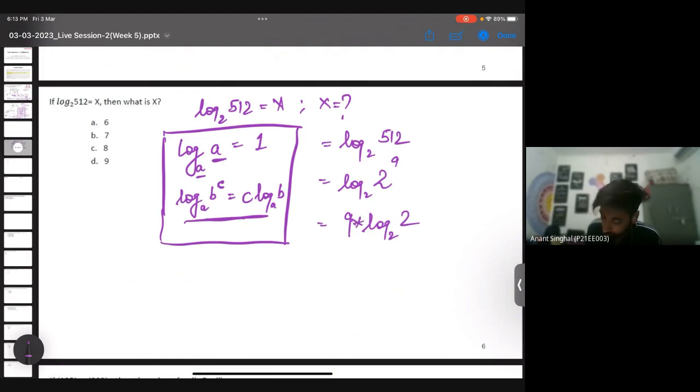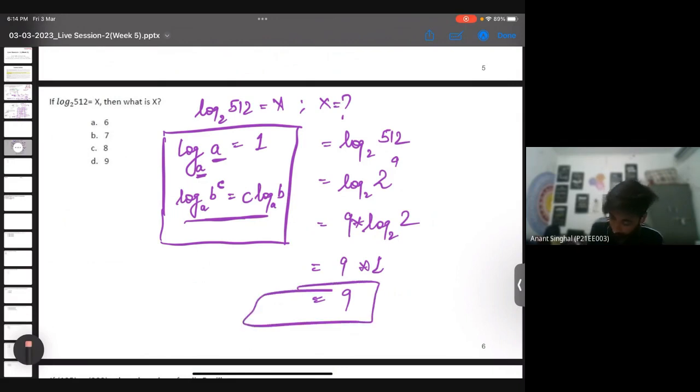This power has been multiplied with the term now, and from the property, if the base and the inside term are the same, then it will always be 1. So the correct answer to this question will be 9 only, which is option D. I hope it is clear. This is quite a simple problem.